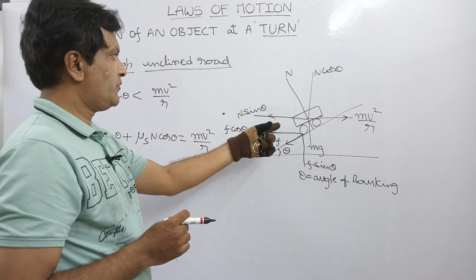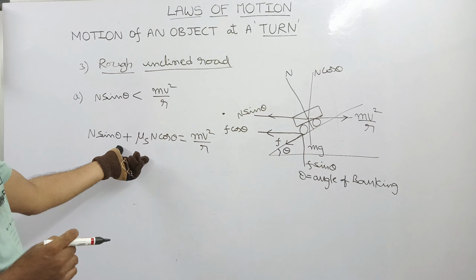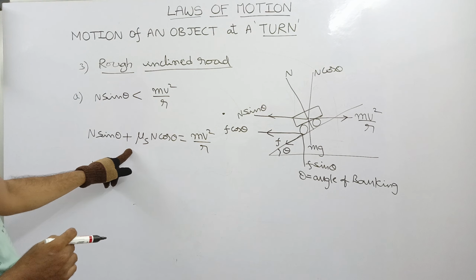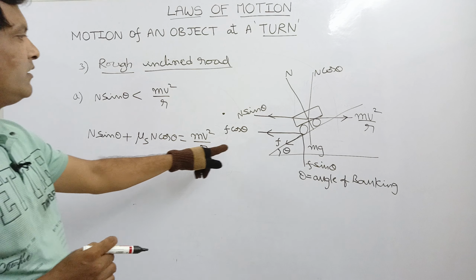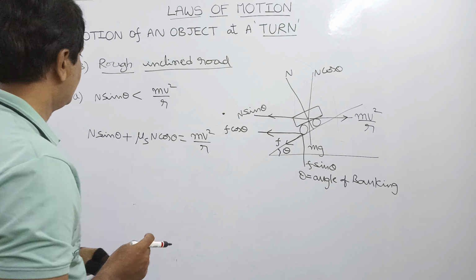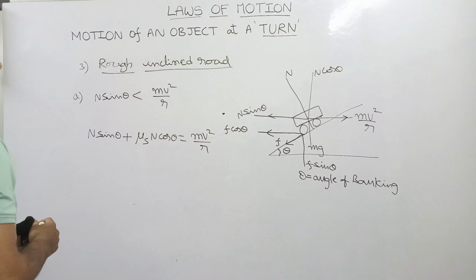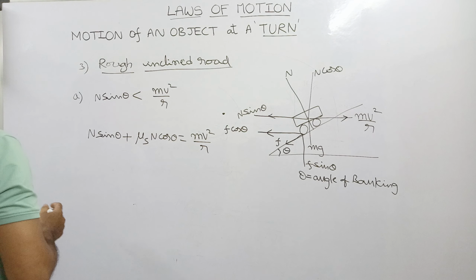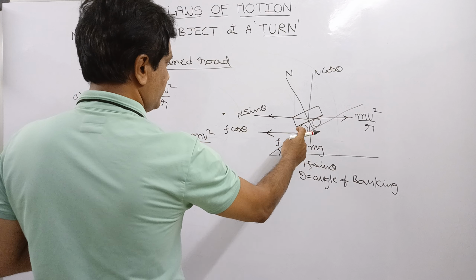So what are the two forces acting towards the center? These two. These two are added because they are acting in the same direction, and they are actually on the same object. Now if you consider this normal thing, what can we write here? So this is the frictional component.